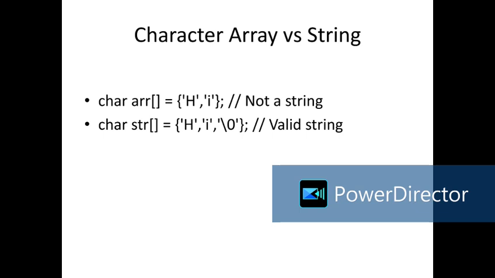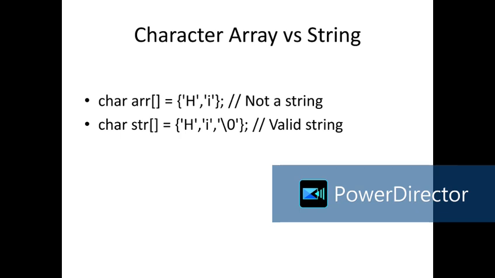Character arrays versus strings in C. Now let's talk about an important distinction. At first glance, a character array might look like a string, but there are subtle differences between the two. First, a character array, not a string. In C, an array of characters can be written like this: char arr[] = {'H','i'}.